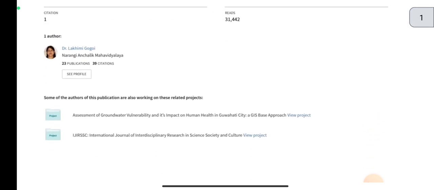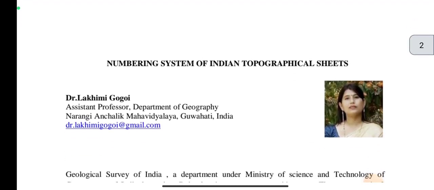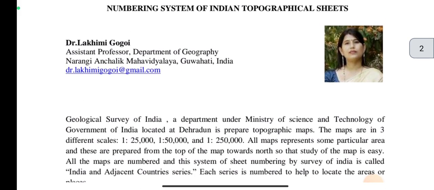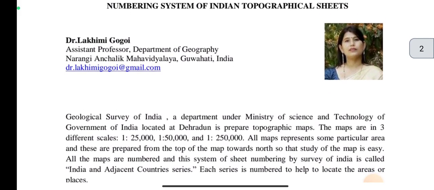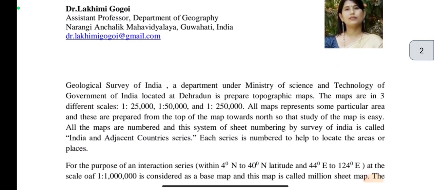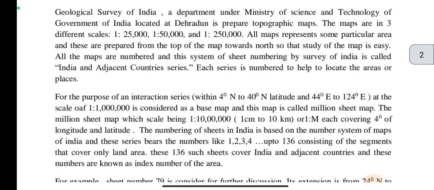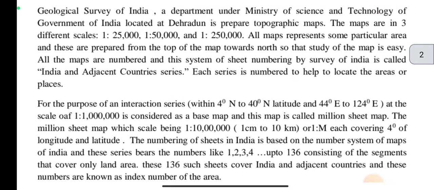So let's jump into the reading part. You can know about the author of this paper. Okay, now start. Geological Survey of India, a department under the Ministry of Science and Technology of Government of India.